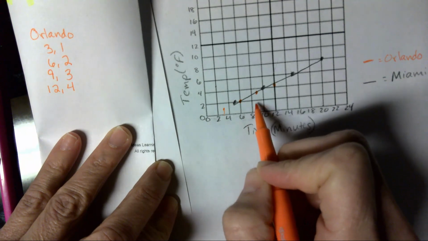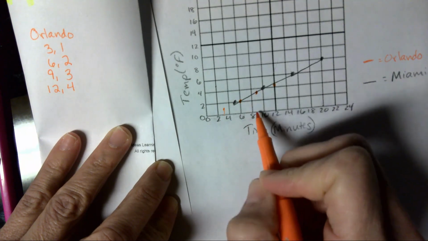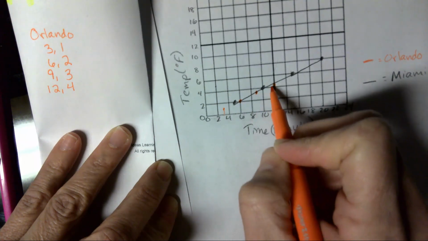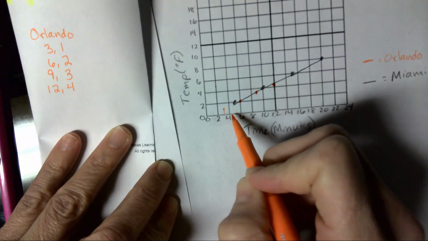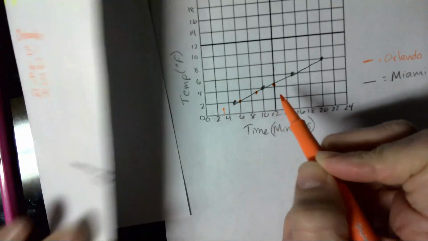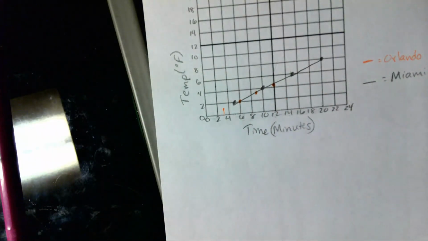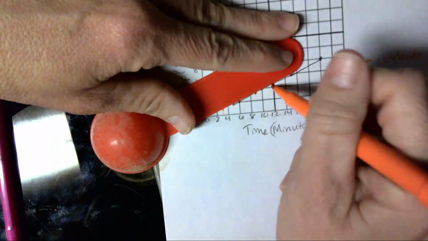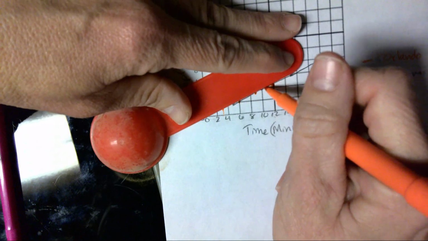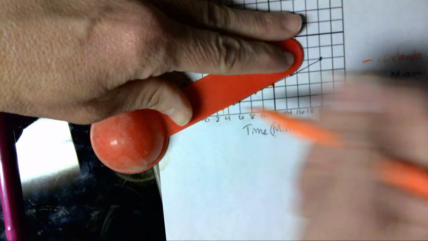And up 3. Over 12 and up 4. So I have all my orange dots. And then I need a straight edge to help me draw the line. And I just line up my dots and I make my line.